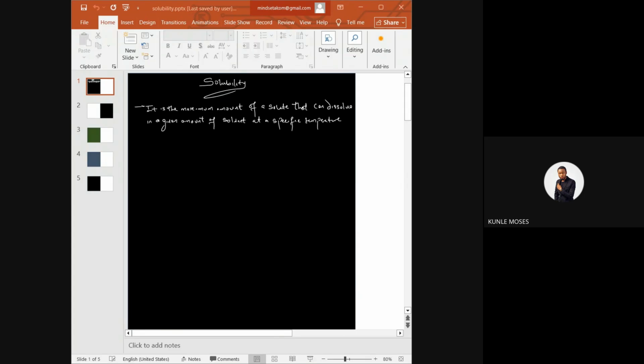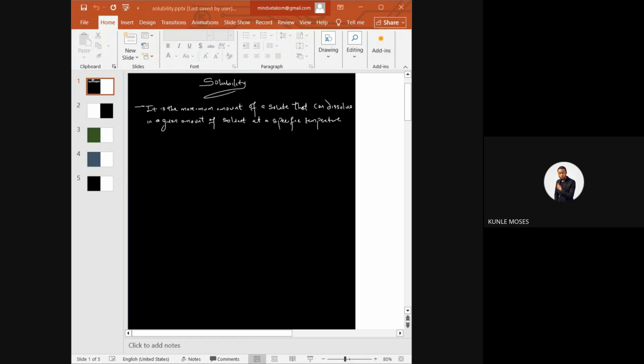Okay, so like I said, we are checking solubility today, and we'll be talking about three basic components: the solvent, the solute, and the solution. So we said solubility is the maximum amount of a solute that can be dissolved in a given amount of a solvent at a particular temperature. That is what solubility is.